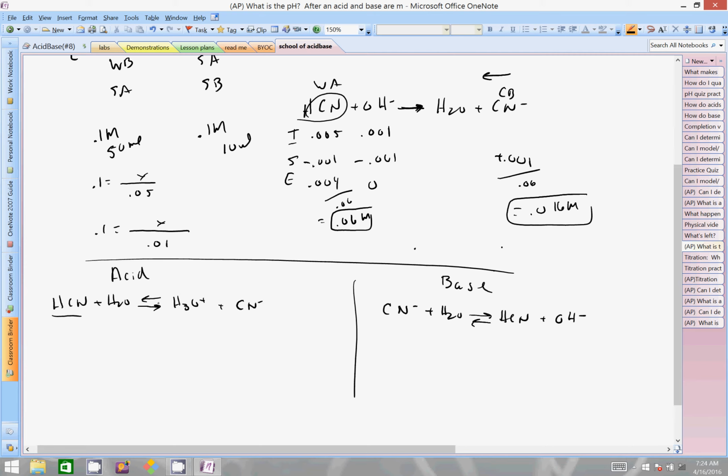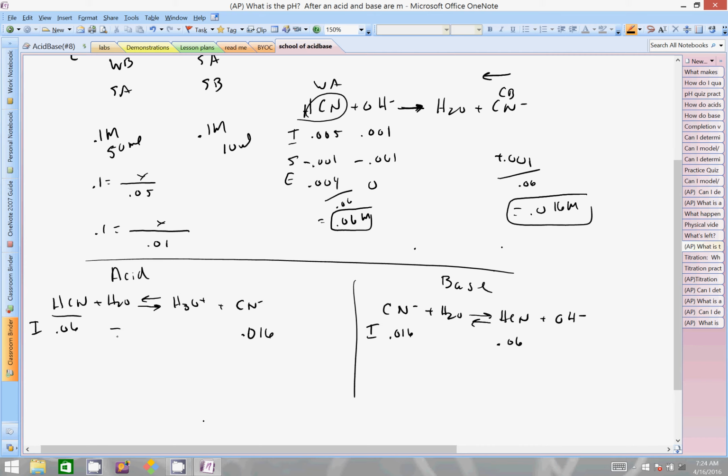Okay? So under my initial conditions, I want to write down the concentration for each. I have 0.06 for that guy, and I have 0.016. Well, in this guy, it would just be 0.016 and 0.06.